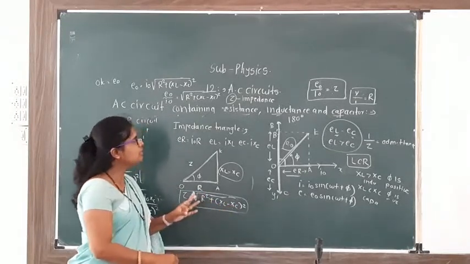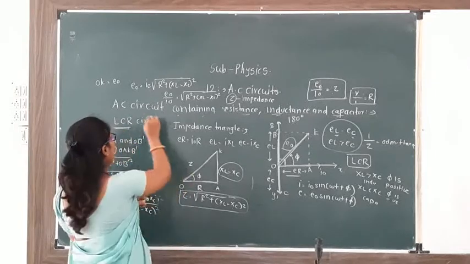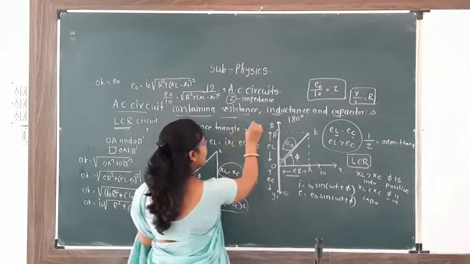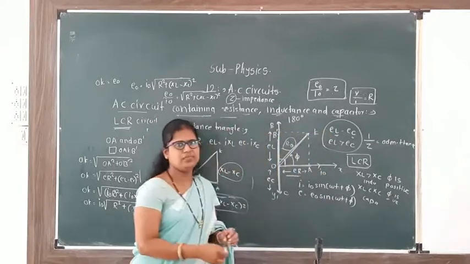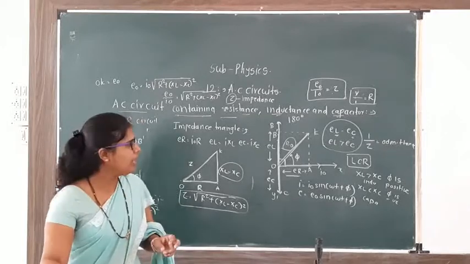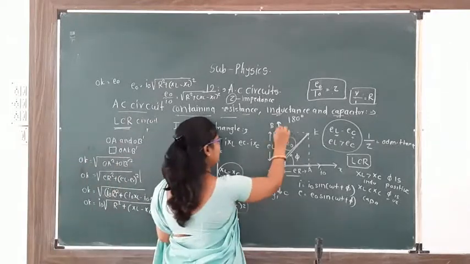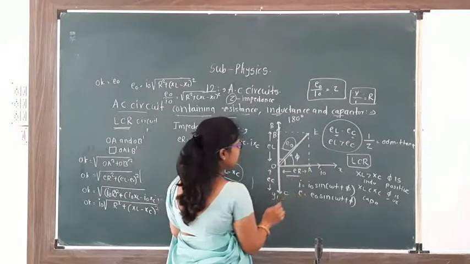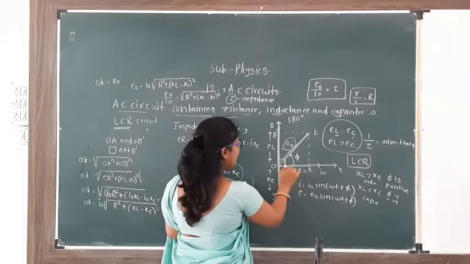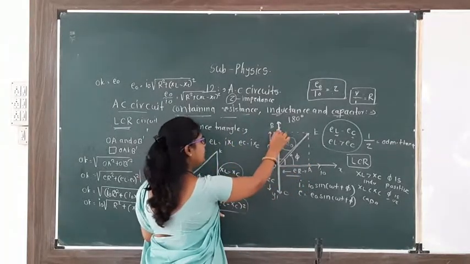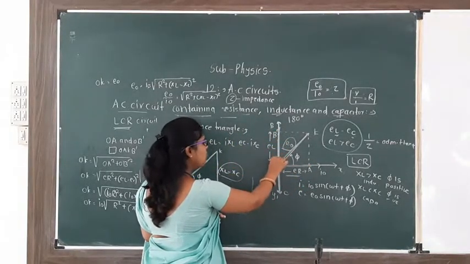We have already said that when an AC circuit contains resistance, inductance and capacitance together, that total circuit is called an LCR circuit. And this is the phasor diagram. This phasor diagram indicates that the resistance is in phase along the x-axis, and EL is represented along the y-axis.